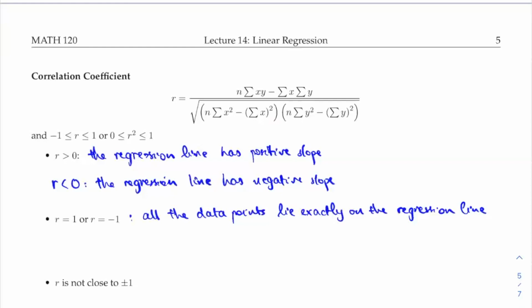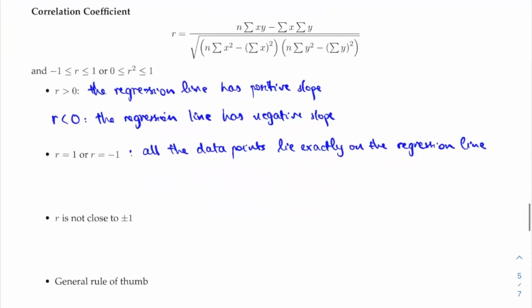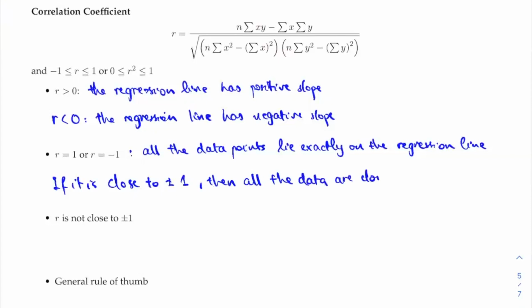So if R is close to +1 or -1, then all the data are close to the line.